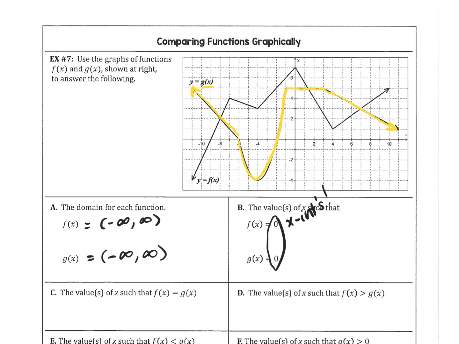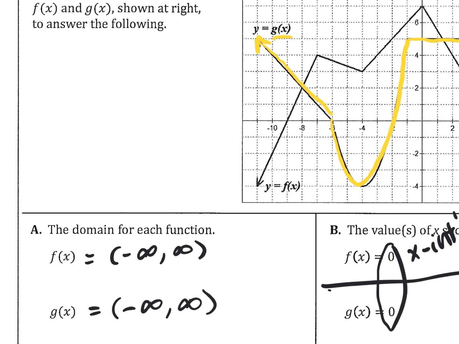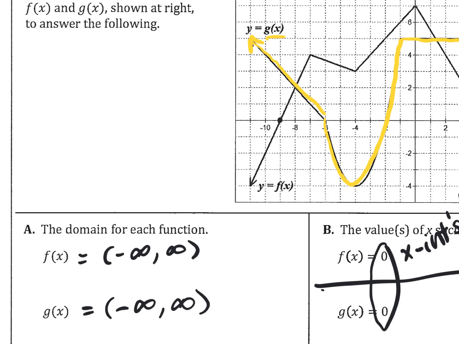So let's look for f of x. Where are the x-intercepts for the f of x function? Where does the black function cross the x-axis? At x equals what? Where? -8. Let's look at this guy. Where does it cross the x-axis?